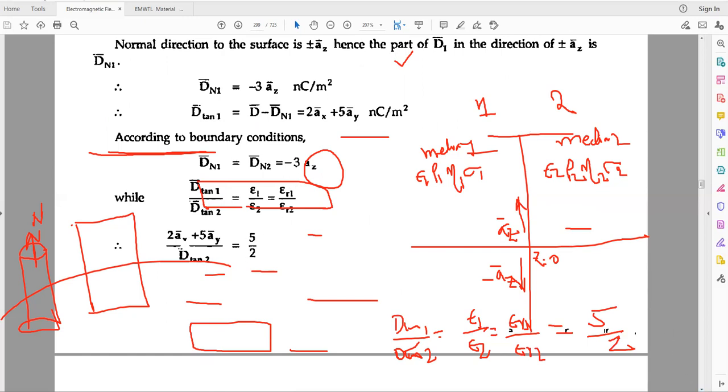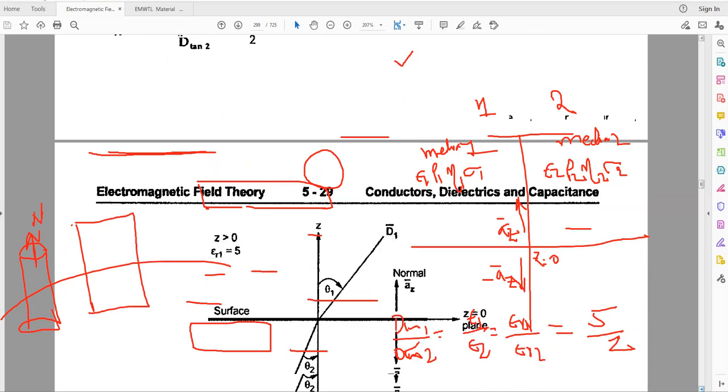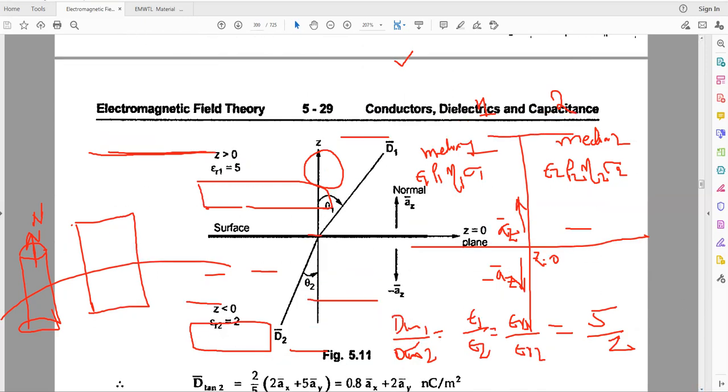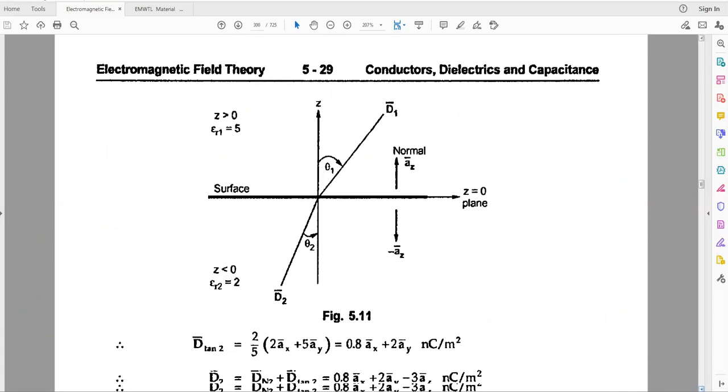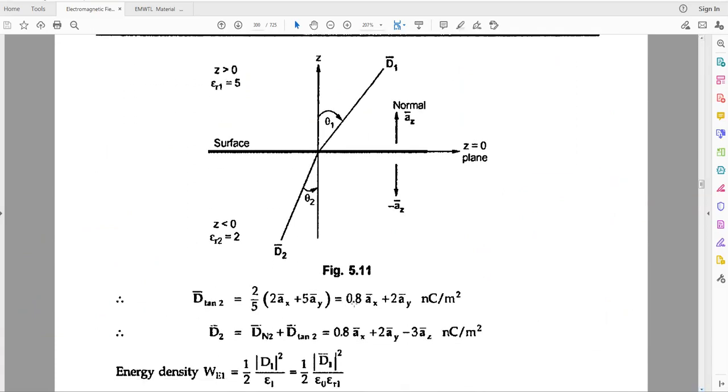So D tan 2 is equal to 2 by 5 into 2 AX bar plus 5 AY bar. The AX bar coefficient is 0.8 and the 2 AY bar is the normal component.